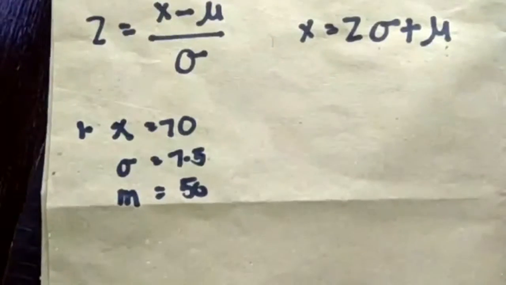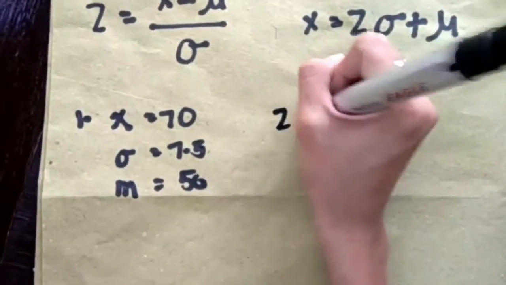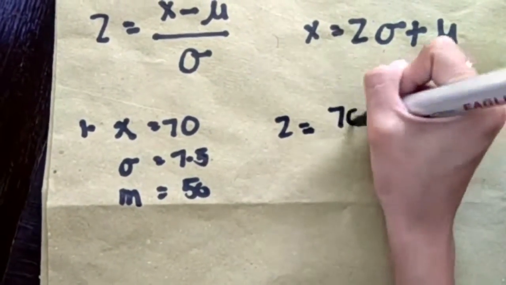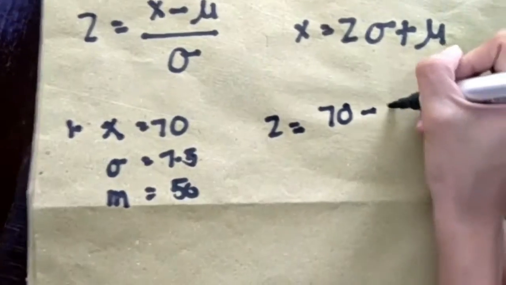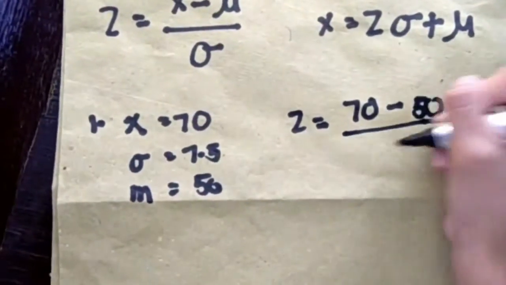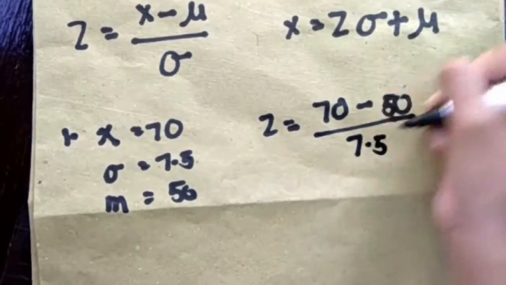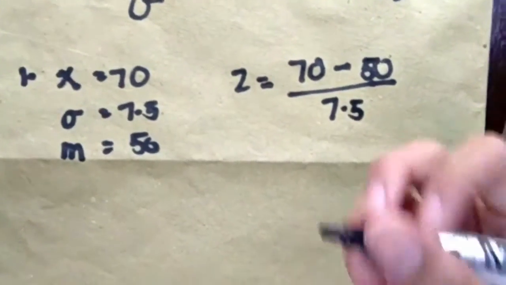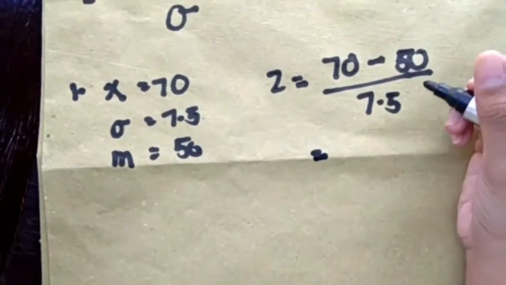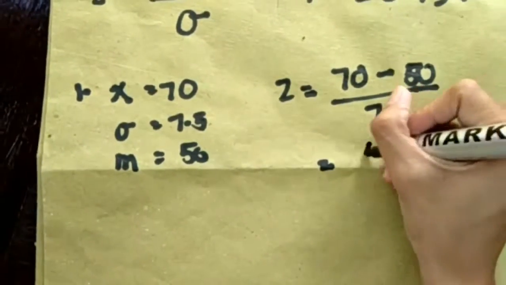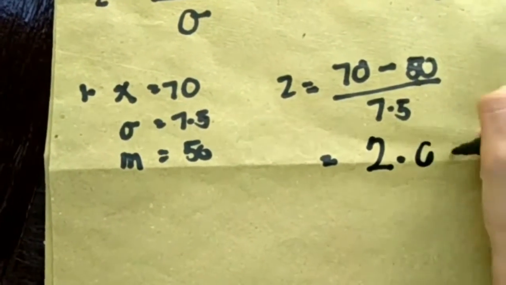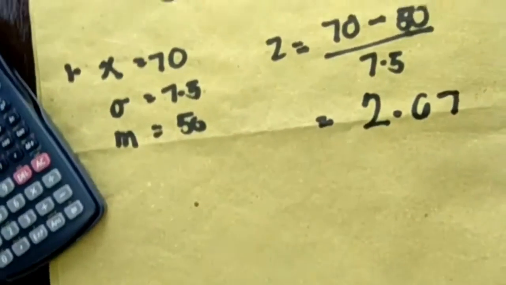Now we're going to find the z-score using this formula. Z-score equals 70 minus the mean of 50 divided by the standard deviation of 7.5 equals 2.67.